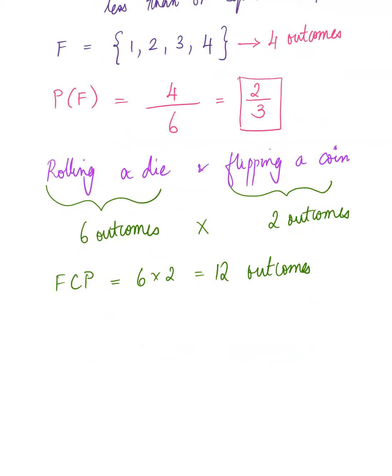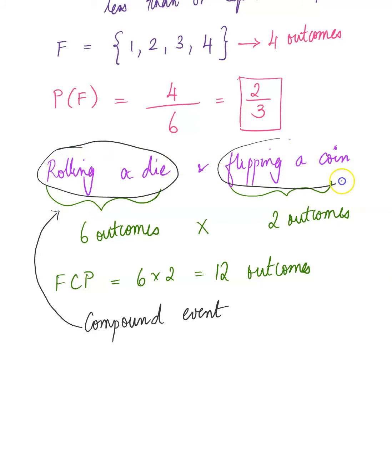We call these kinds of events compound events. If you look at the definition of compound, what it means is it adds on, right? So there are multiple things. That's what we're seeing here too. We have multiple things happening: rolling a die and flipping a coin.